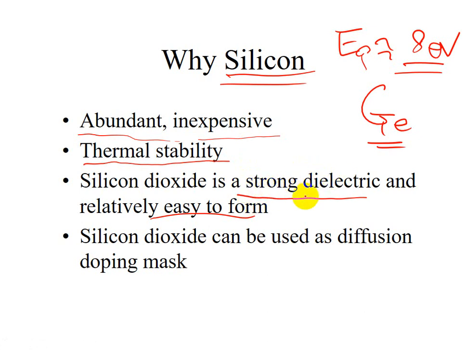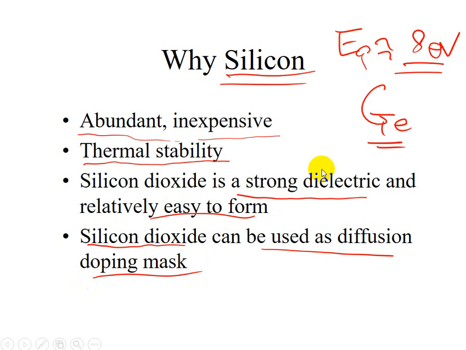Other than being a strong dielectric and easy to form, silicon dioxide can also be used as a so-called diffusion doping mask. In the future we'll discuss the applications of silicon dioxide.